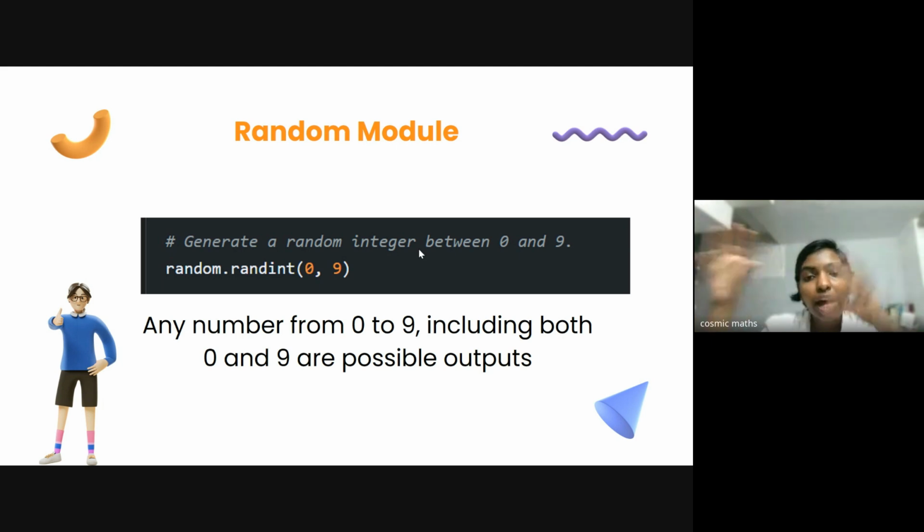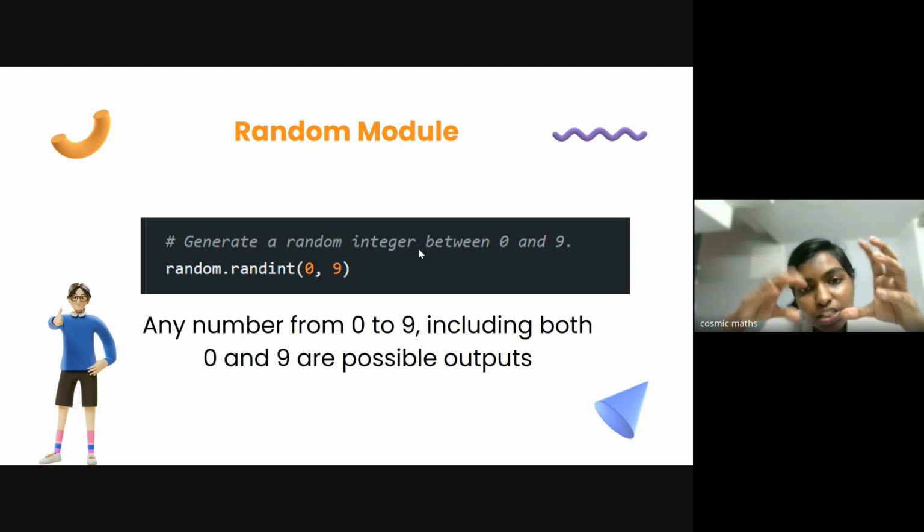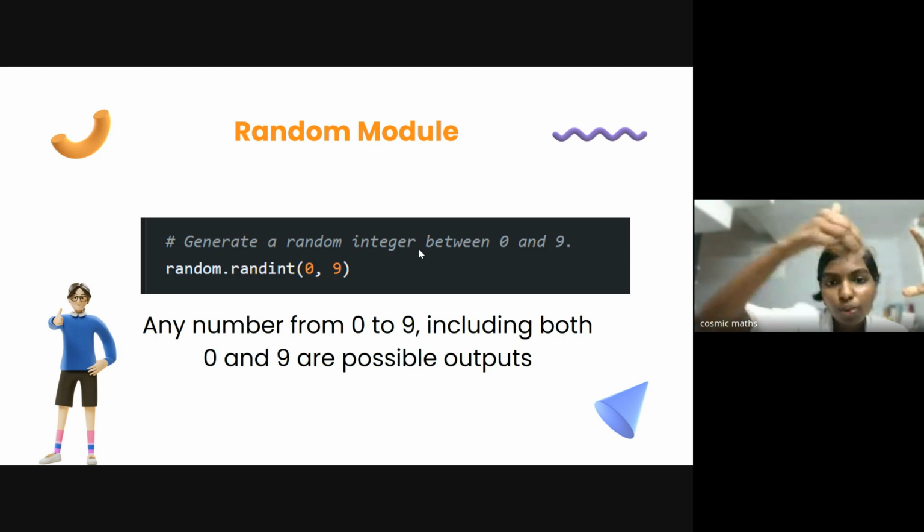Here we have given 0 and 9 as the input, and 0 and 9 could also be the random output. It is inclusive of 0 and 9. That means random dot randint of 0, 9 can generate any number from 0, 1, 2, 3, 4, 5, 6, 7, 8, 9.